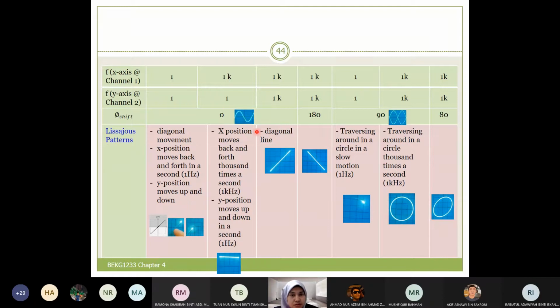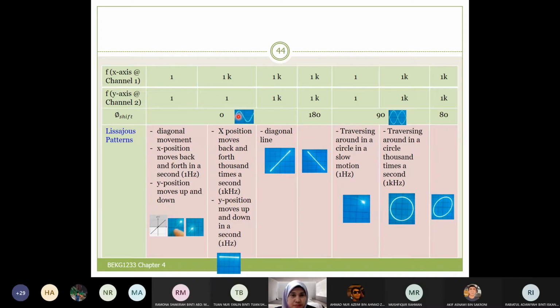Then if the x-axis is 1 kilohertz and the y-axis is 1 Hz, the phase shift is still 0 degrees. If we observe the sinusoidal waveform, the two waveforms will be like this.